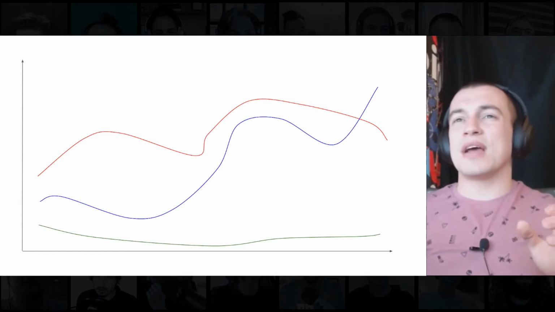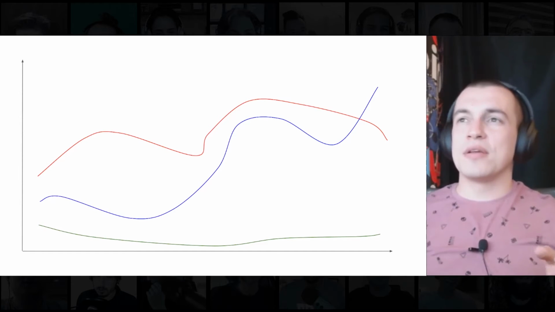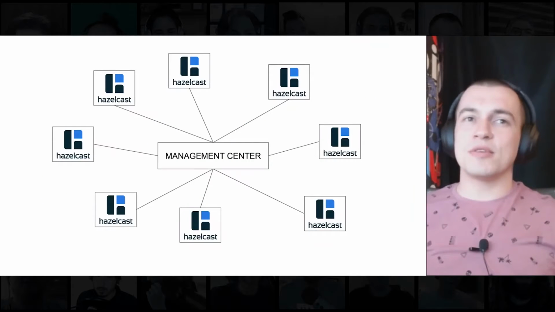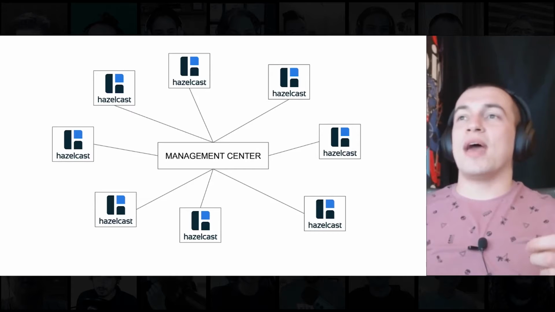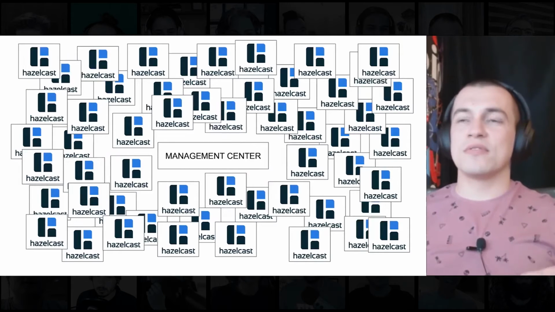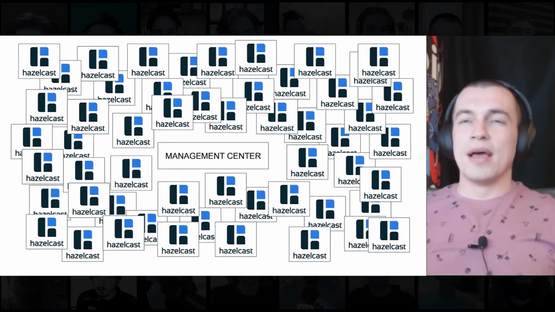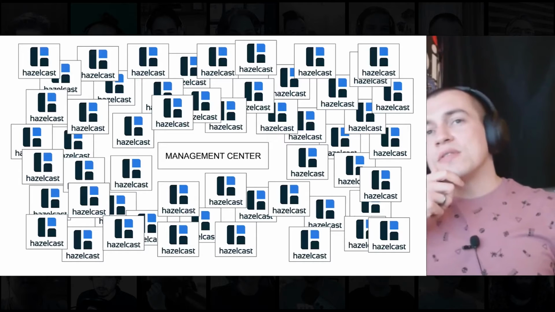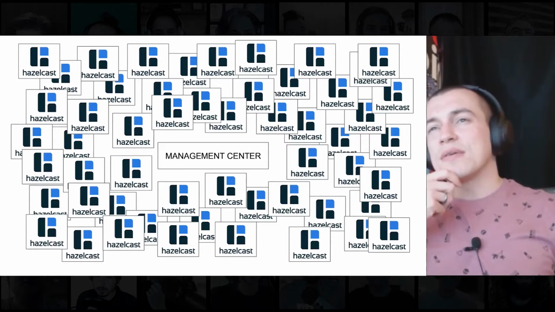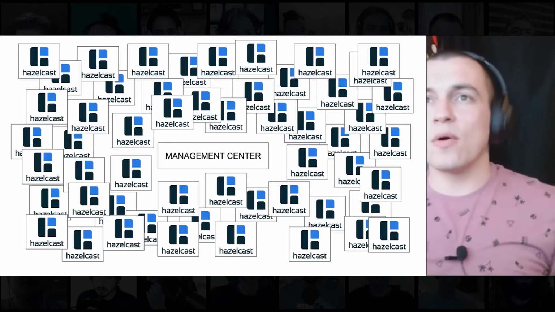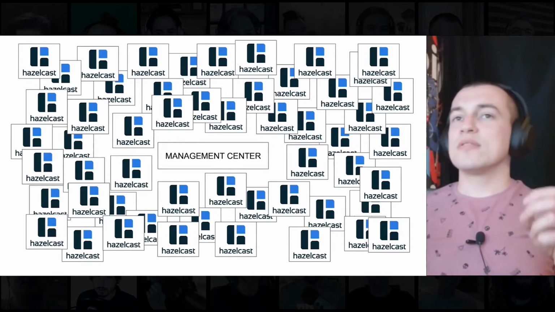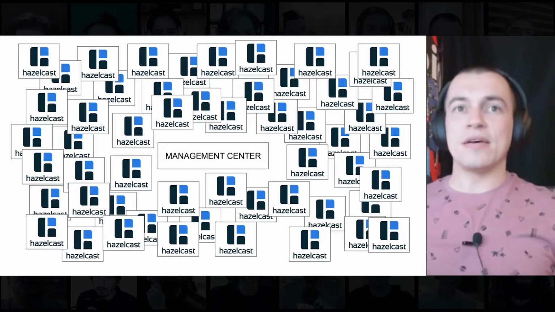However, it gets more complex when you have not a single machine, and even more complex when you have really lots of data sources. I think the largest known Hazelcast cluster is around 120 machines, so 120 sources of metric data.